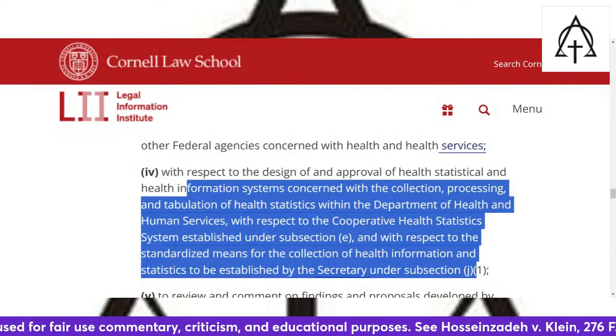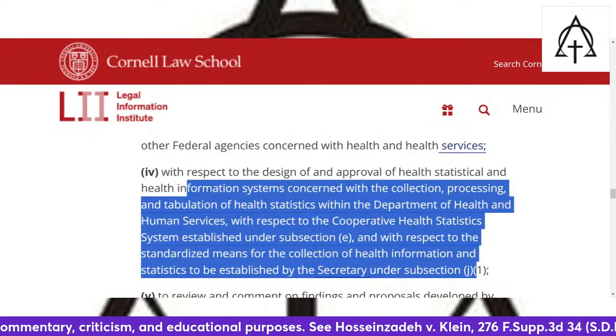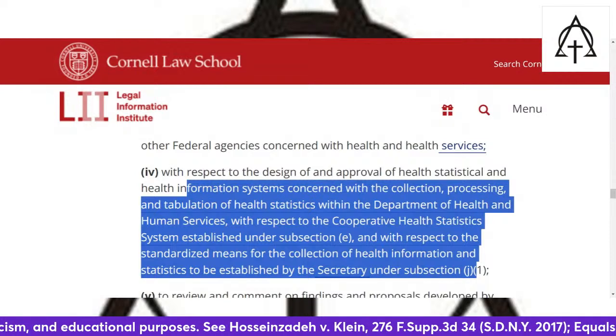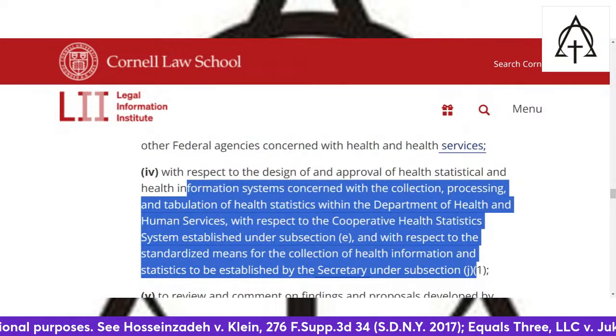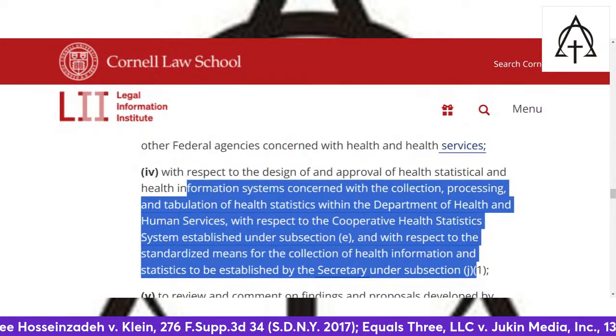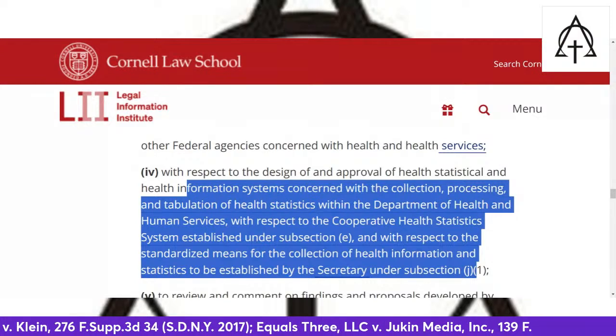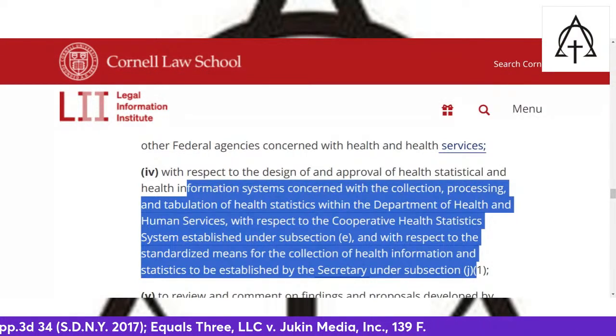So again, it's just an information system where they're keeping track of the individual's name and number that identifies the record. It only identifies the record, has nothing to do with your health, has everything to do with the statistics and how they report them.